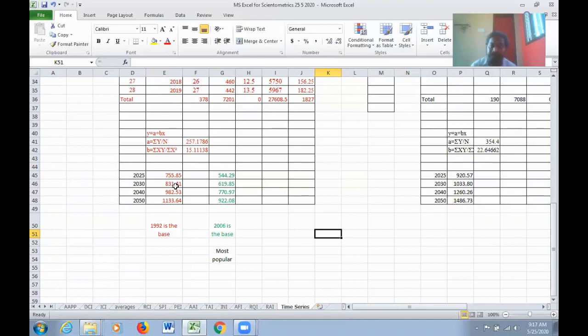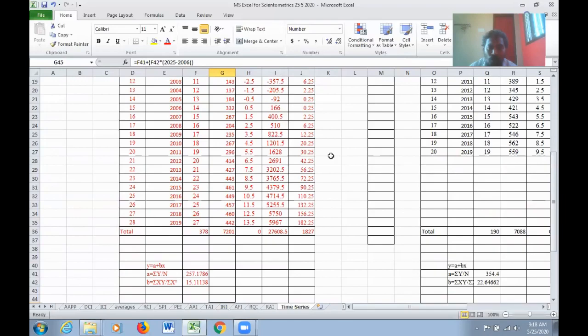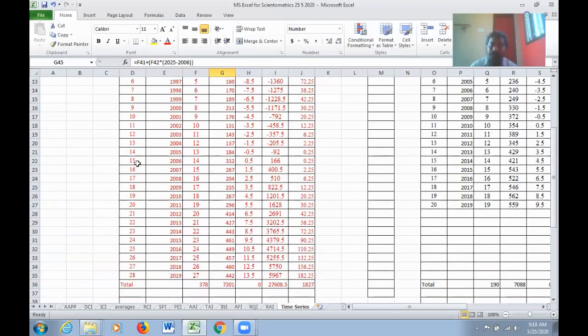Fine. But in a good number of these, I have seen they have not used the beginning year 1992. Instead, they use the middle year. For example, to calculate the future output of 2025, you take the A value plus the B value multiplied by 2025 minus, instead of 1992 as in the previous case, 2006. What is this 2006? That is the 15th value.